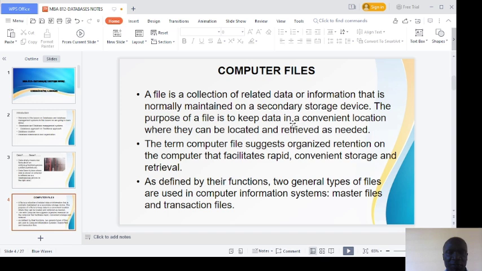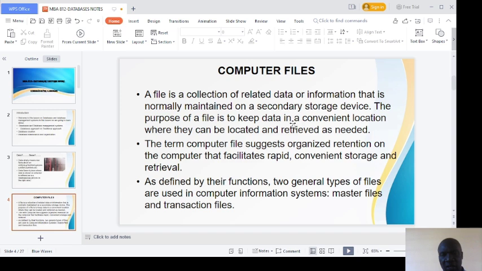That it's a collection of data which is stored on a secondary storage device, not a primary storage device. There's a difference between a primary storage device and a secondary storage device. I believe by now you know what the difference is. For example, a secondary storage device could have things like flash disk, CD-ROM, DVD-ROMs, etc.